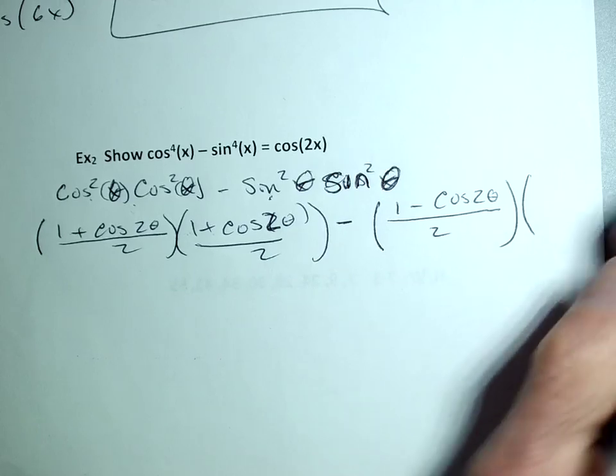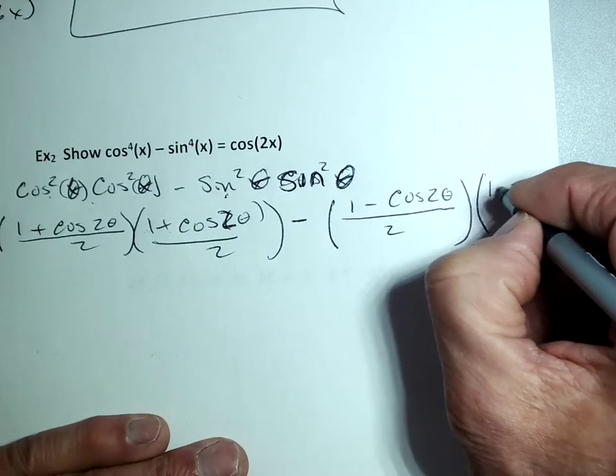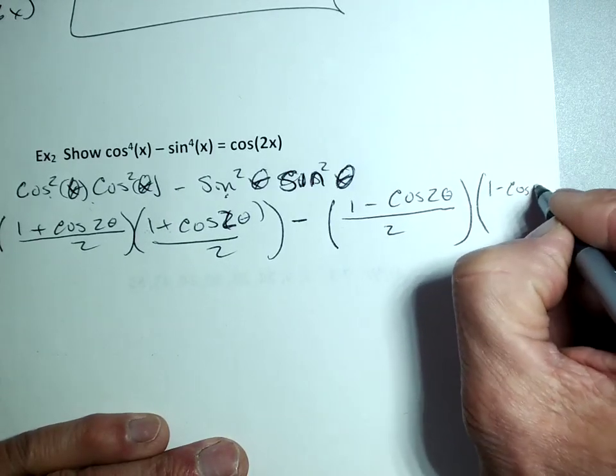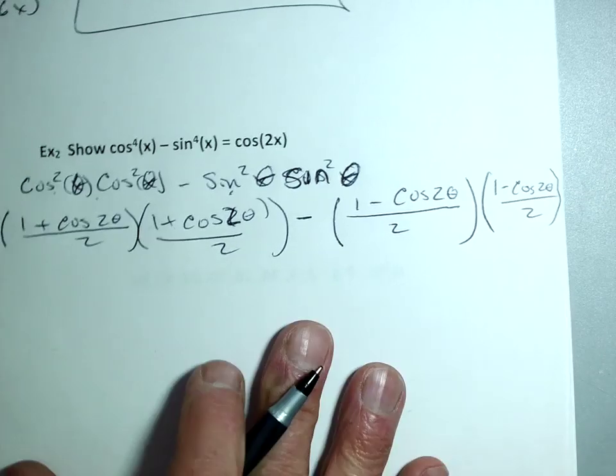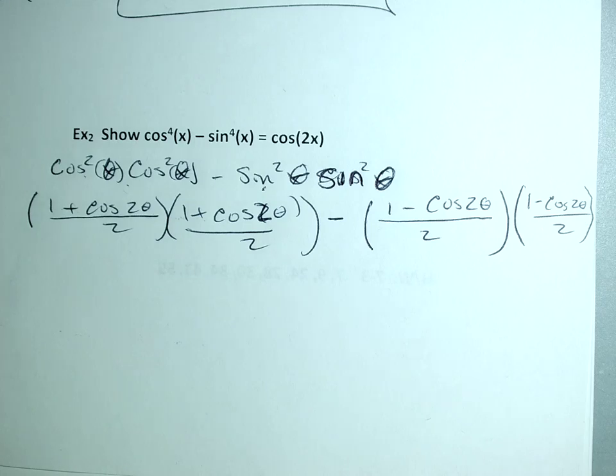So 1 minus cosine 2 theta over 2. What I did is this, I'll back us up: cosine to the fourth is cosine squared times cosine squared. Sine to the fourth is sine squared times sine squared.